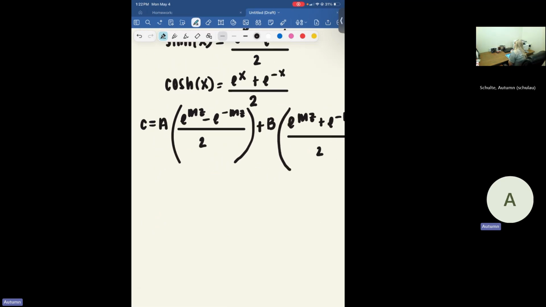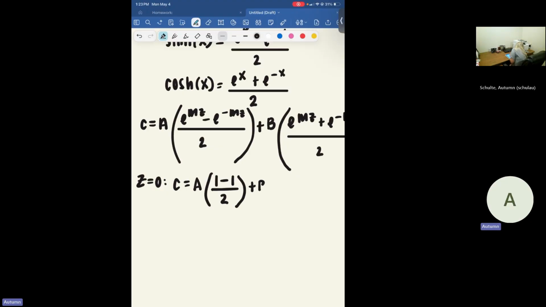So let's first start off when z is equal to 0. So when z is equal to 0, C is equal to our constant A multiplied by, if we plug in 0 into these exponential terms, 1 minus 1 divided by 2.